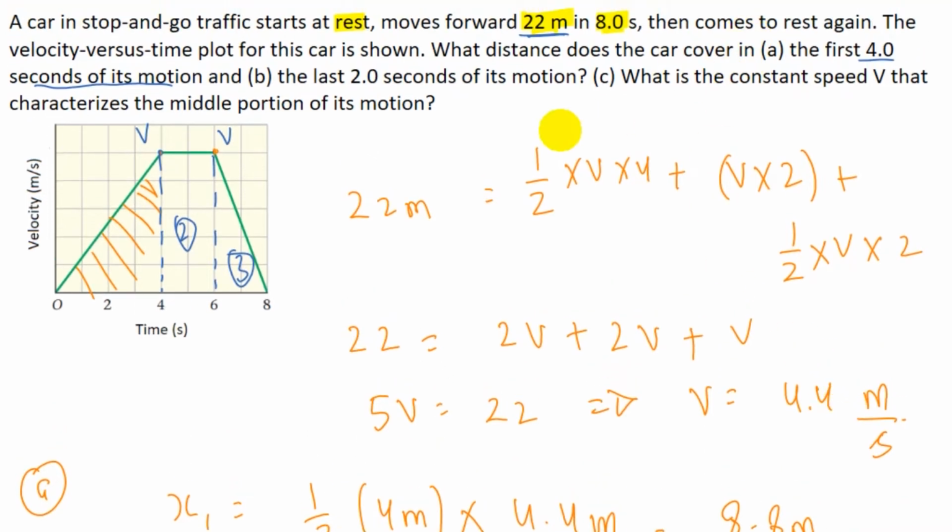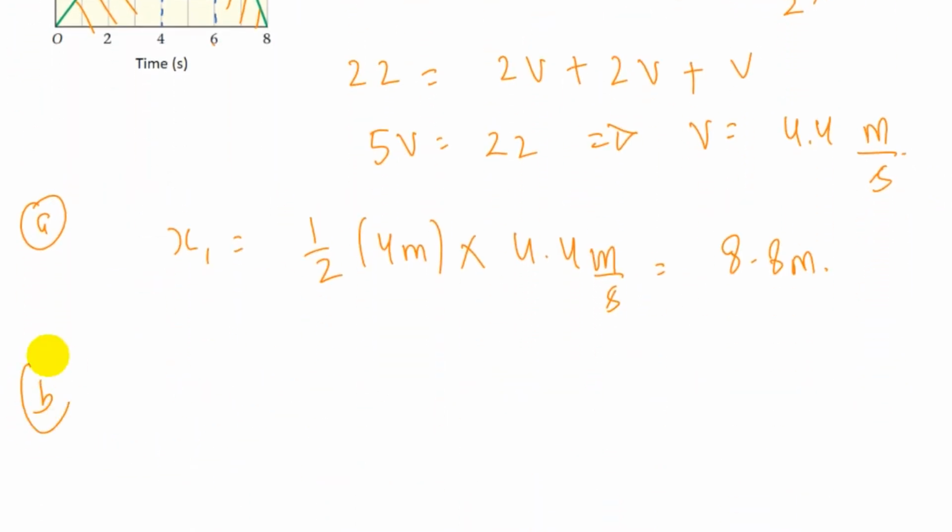Next, in part B, we have to calculate the distance traveled by the car in the last 2 seconds. This is the last 2 seconds from 6 to 8. So this area would represent the distance traveled by the car in the last 2 seconds. Let it be represented with x2.